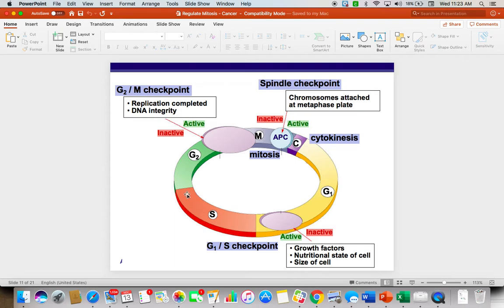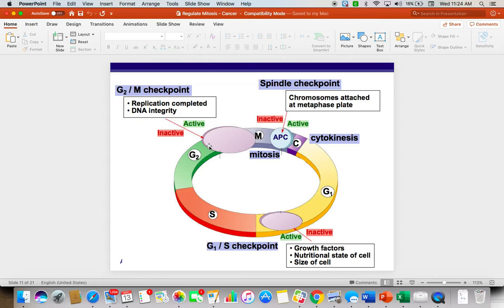So we do S phase and make more DNA here. Then we get to this checkpoint at G2, and again we're analyzing what we have. If the cell fails this checkpoint, cell division will stop, which is what we want to happen. That's why we have multiple checkpoints.